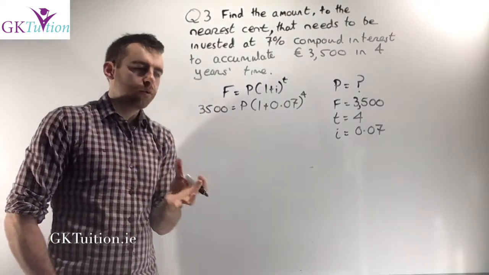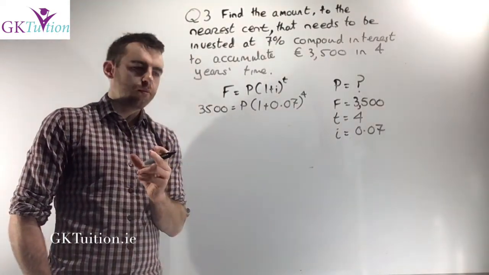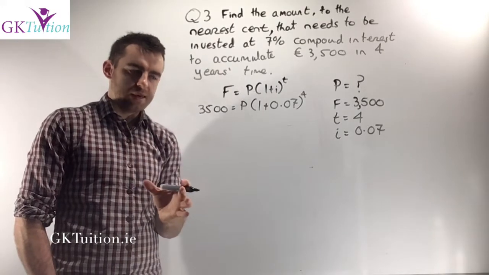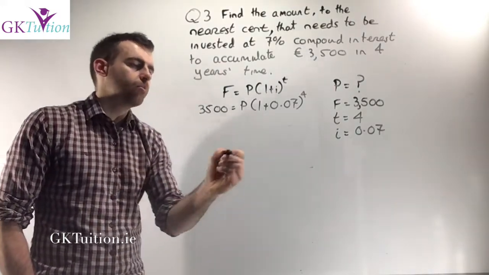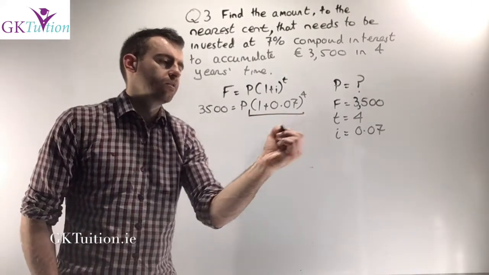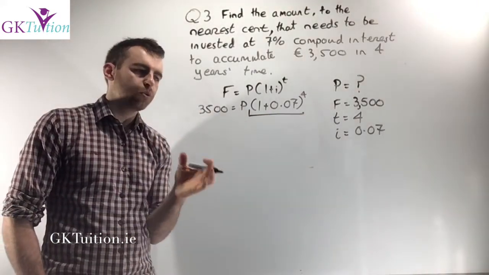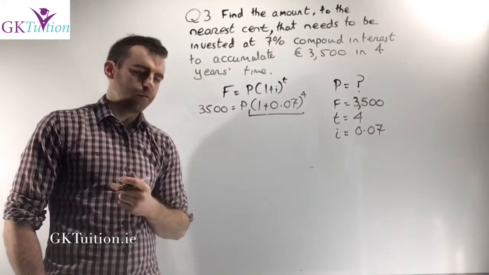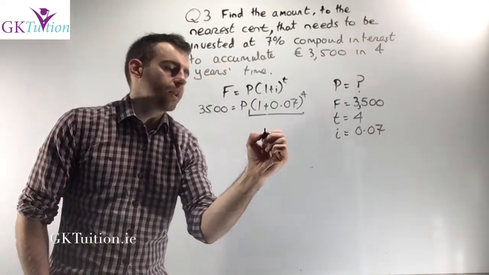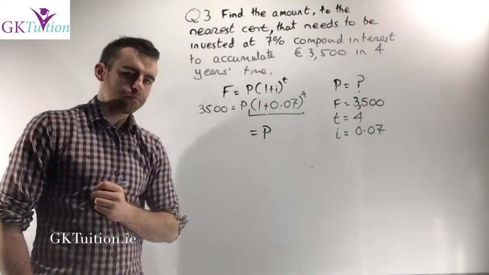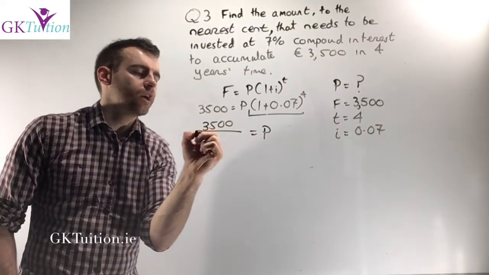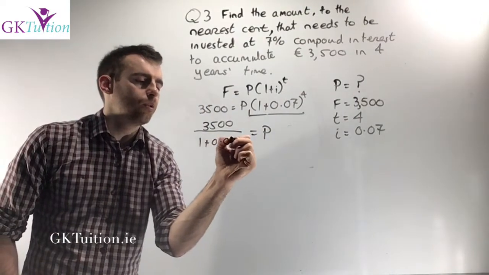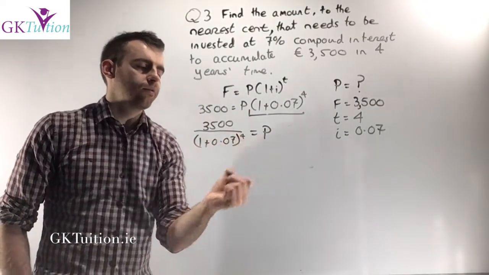Now we've got one equation and one unknown, which means we can find the value of P. In order to find the value of P here, what we need to do is divide both sides by the coefficient of P. We're going to divide both sides by this bracket to the power of 4. If you divide the right hand side by that, you'll just be left with P. If you divide the left hand side by that, it's 3,500 divided by 1 plus 0.07 to the power of 4.